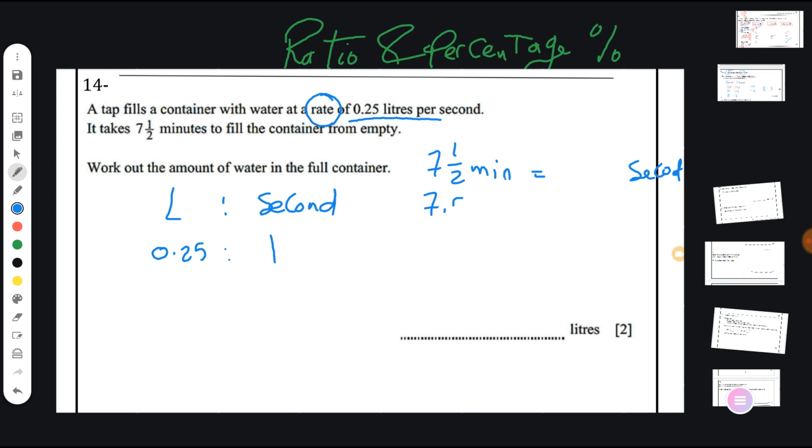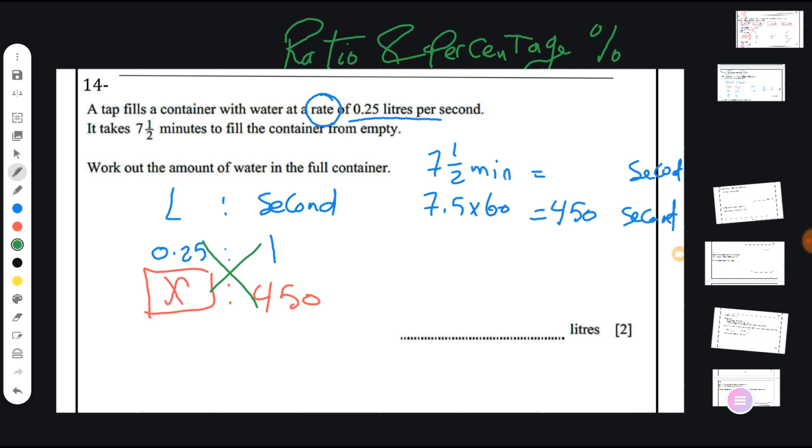So 7.5 multiplied by 60, by using your calculator, will give you 450 seconds. Okay, now apply here. In the seconds, you will put 450, and on the other hand, we will put x, which is the whole amount of water.